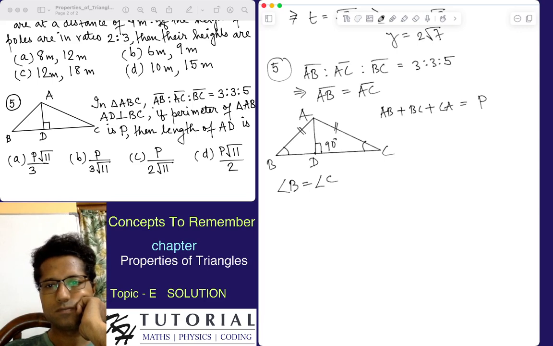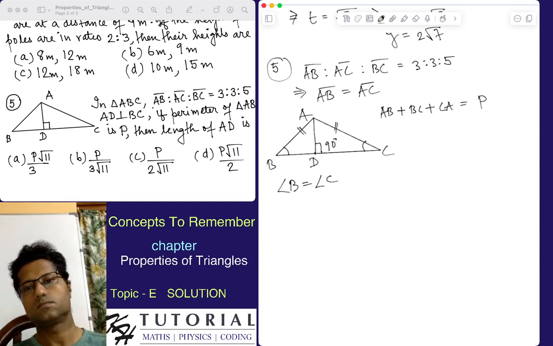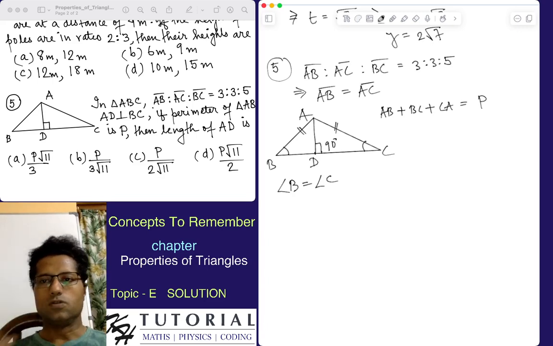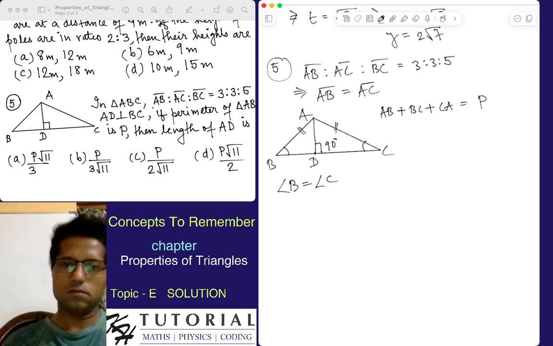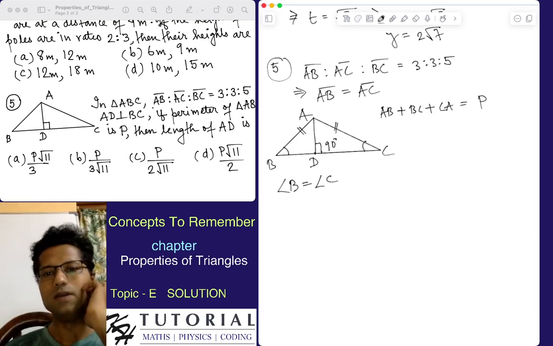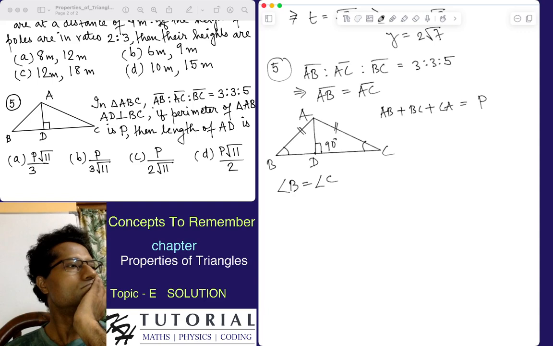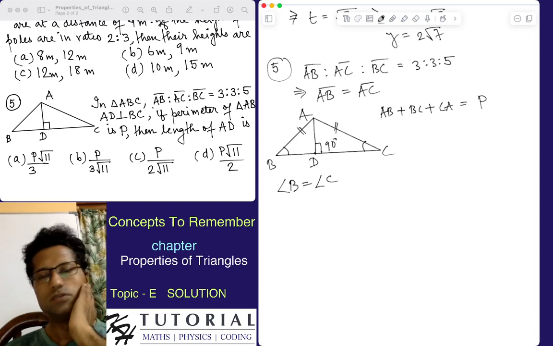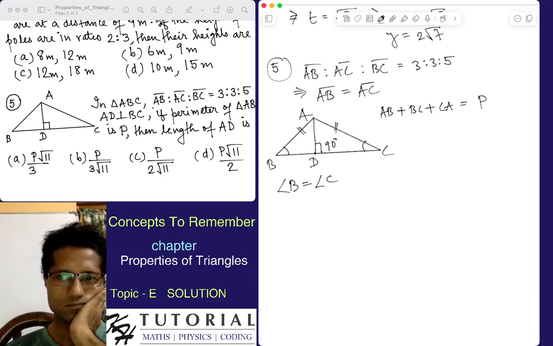So B and C are equal. So this is an isosceles triangle.